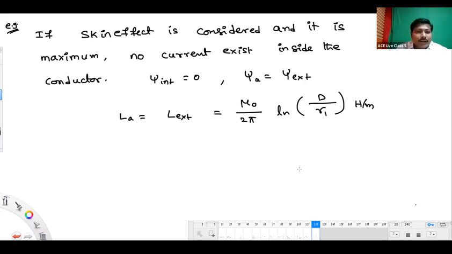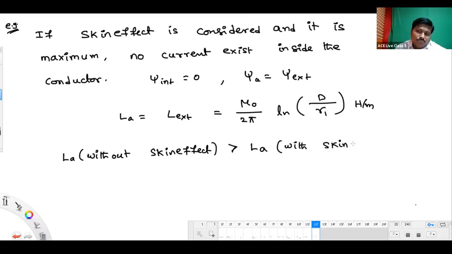So I'll write here: LA without skin effect will be greater compared to LA with skin effect.